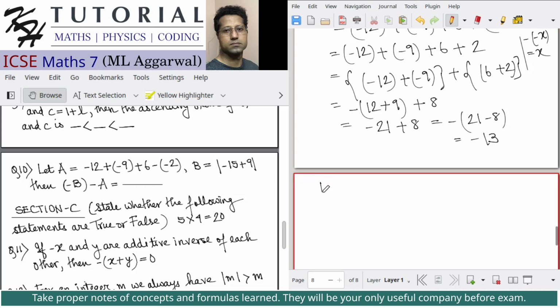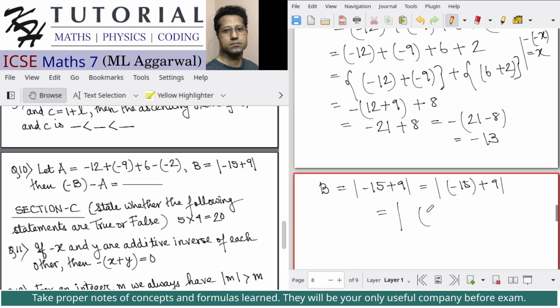Okay, what is B? B is absolute value of minus 15 plus 9. Now, how much is minus 15 plus 9? The two integers we are adding are minus 15 and plus 9. Between minus 15 and 9, the numerically greater integer is 15.